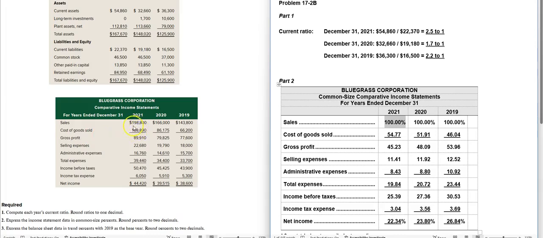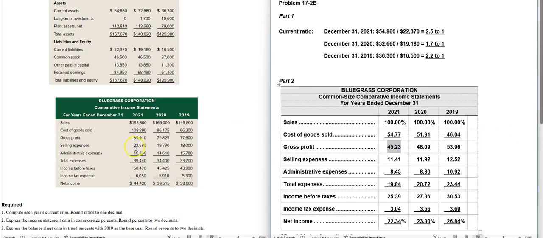Cost of goods sold: if I divide the amount of cost of goods sold by the base amount, my revenues of 198.8, 108,890 divided by 198,800, cost of goods sold are 54.77% of total sales. Gross profit, 89,910 divided by sales of 198.8, gross profit is 45% of total sales.